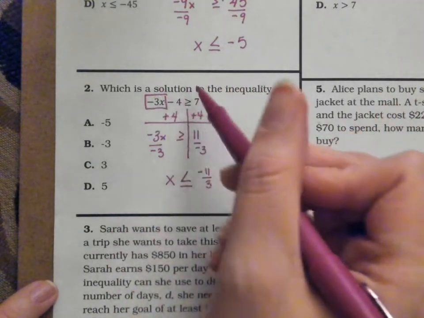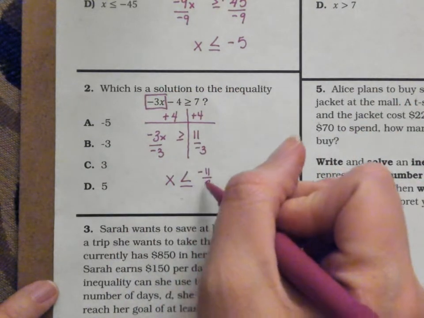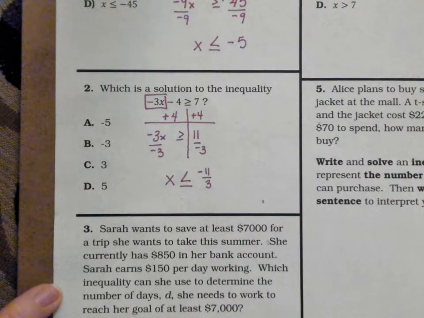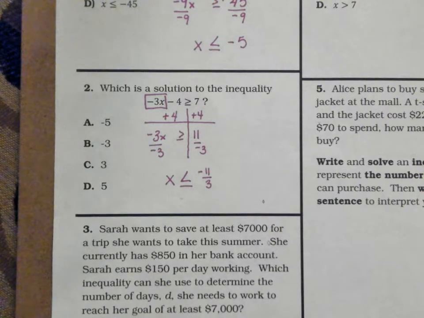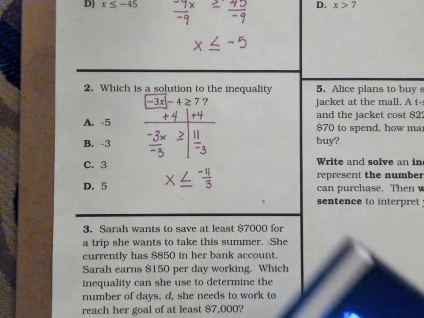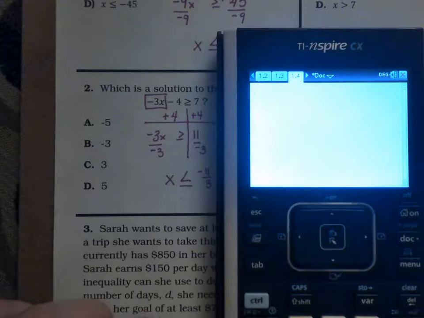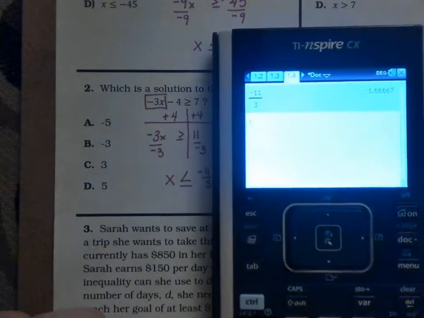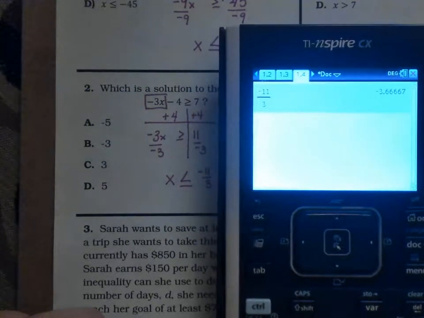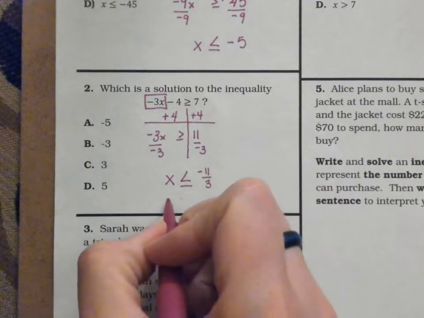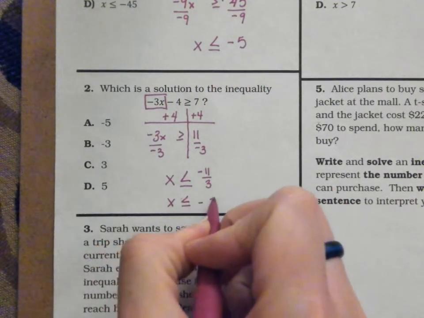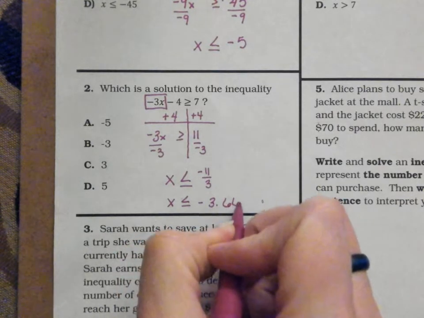Now it wants to know what is a solution to this. Remember, anything smaller than negative 11 thirds is an answer. And so if I go on the calculator, see if you can see that, and I type in negative 11 divided by 3, control enter, it tells me that that fraction is really negative 3.6 as a decimal, so x is less than or equal to negative 3.6 repeating.